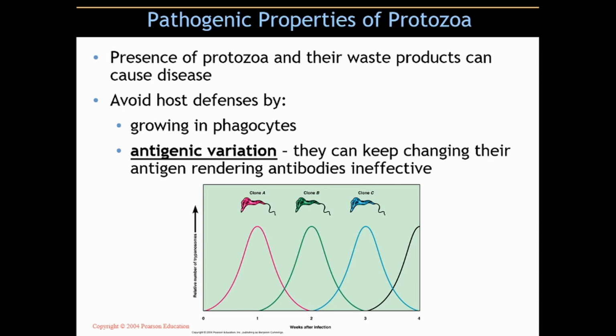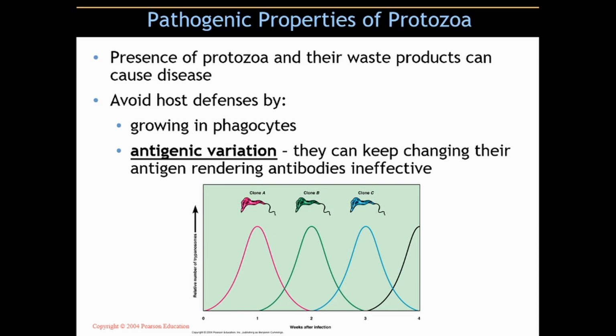And this just keeps happening again and again and again, and it just exhausts the immune system. So just when you start developing antibodies against a particular clone, that clone's gone, and a new clone has come on the scene, and then you have to develop antibodies against that clone, and then that clone is gone, and a new clone appears. And so this is a classic example of antigenic variation.